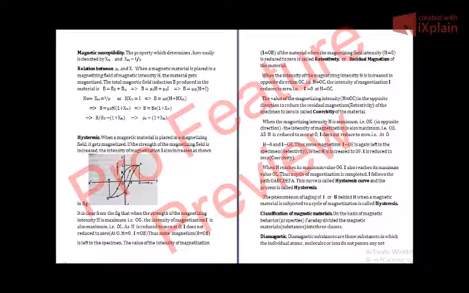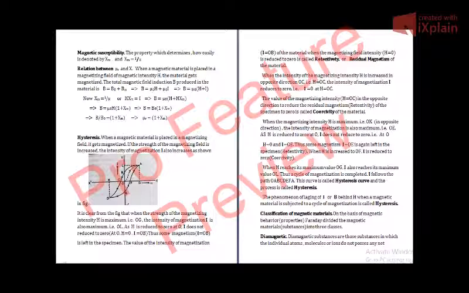So if we increase the magnetizing field, the intensity of magnetization I also increases, as you can see from the figure. It is clear from the figure that when the magnetizing intensity H is maximum, that is OG, the intensity of magnetization I is also maximum, that is OL.